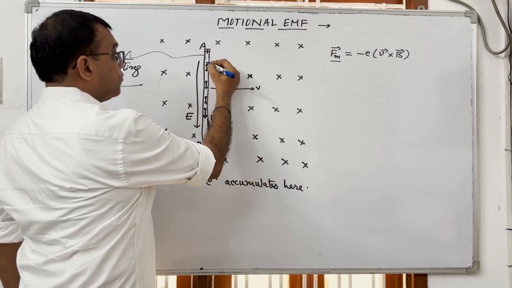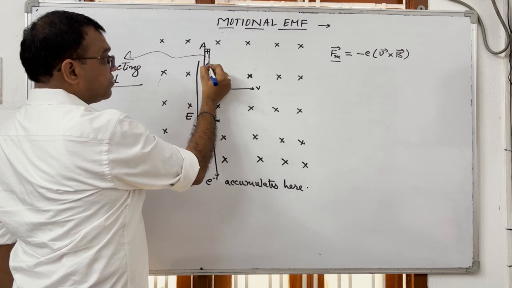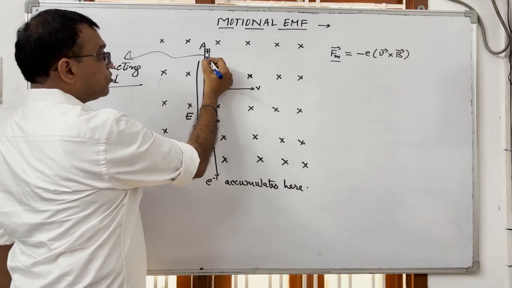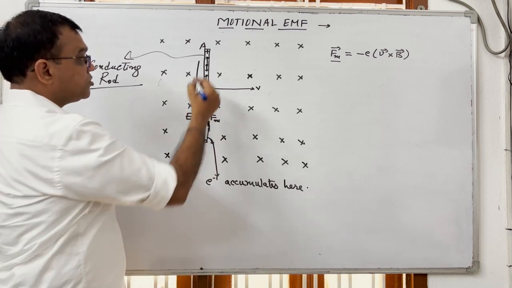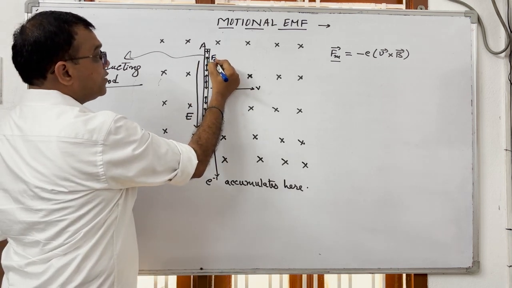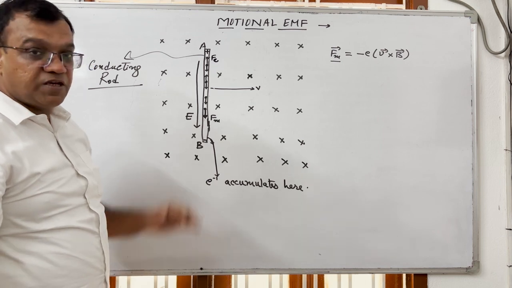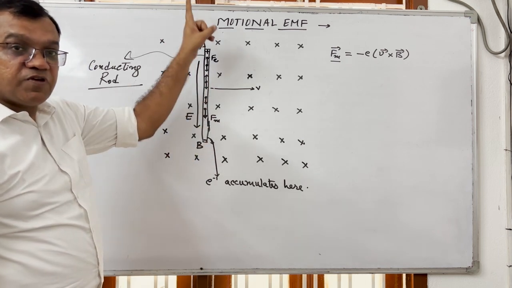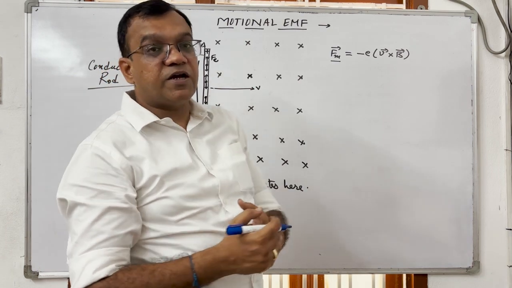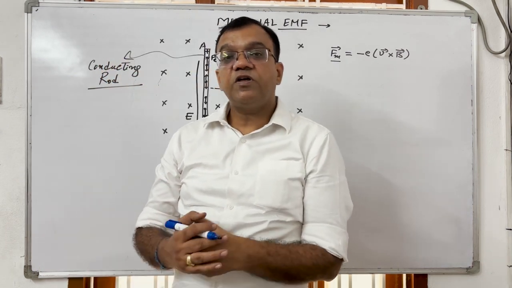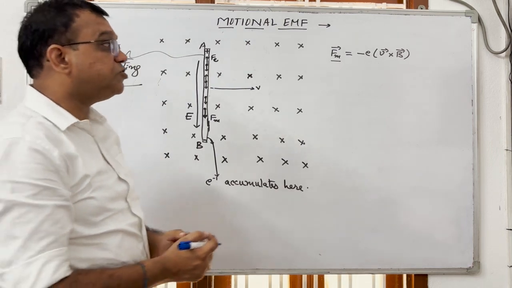This electric field will exert a force on the electrons in the upward direction, because electrons are negatively charged. That force will be Fe. Fm is downward, Fe is upward. A dynamic equilibrium condition will be achieved when the net force experienced by the electron becomes 0.